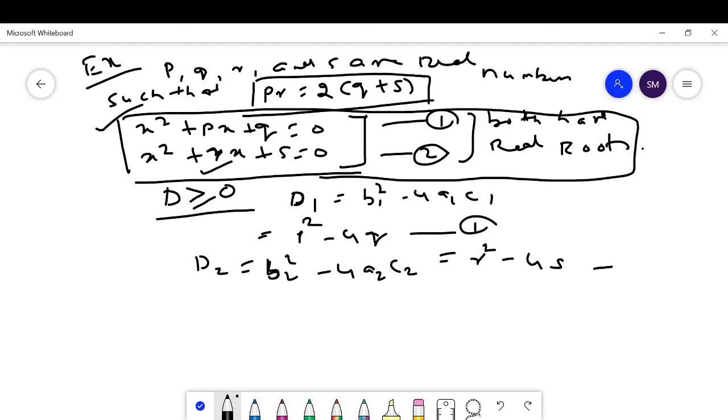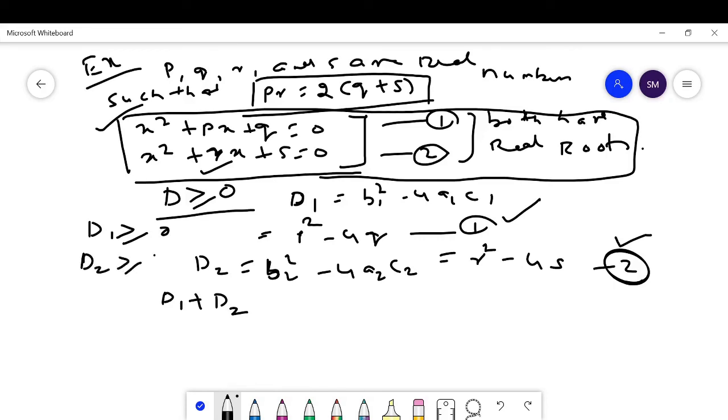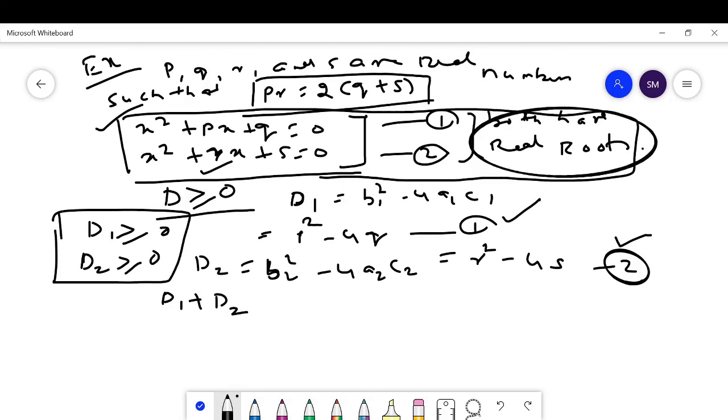This is equation 1, this is equation 2, this is D1, this is D2. Then D1 plus D2. We have to show that D1 must be greater than or equal to 0 and D2 must be greater than or equal to 0, because we have to find that both roots are real. Then D1 plus D2 is equal to p² minus 4q plus r² minus 4s, which is equal to p² plus r² minus 4(q plus s).